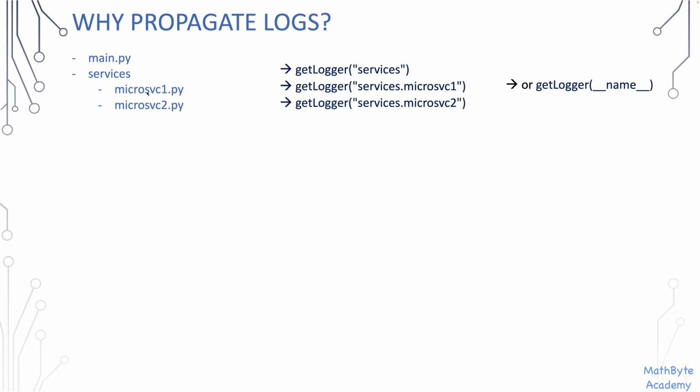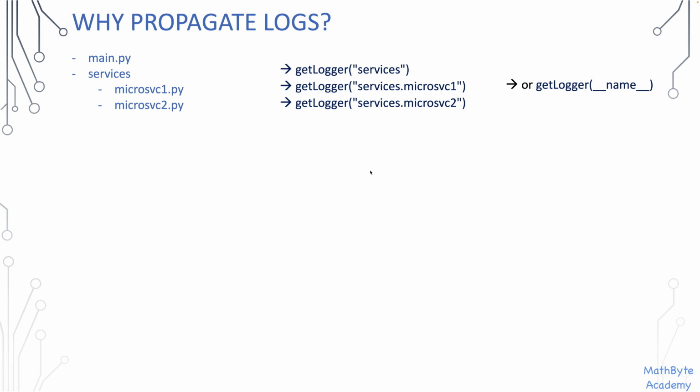So I could have a single logger for services, and then inside microservice 1, I'm going to say logger equals get logger services. Inside here, get logger services, and then use the logging to the services logger on each of those. Or, this is very common, you can do it by name. So inside microservice 1, I'm going to get logger, essentially services.microservice1, and I'm going to send my log to that particular thing.